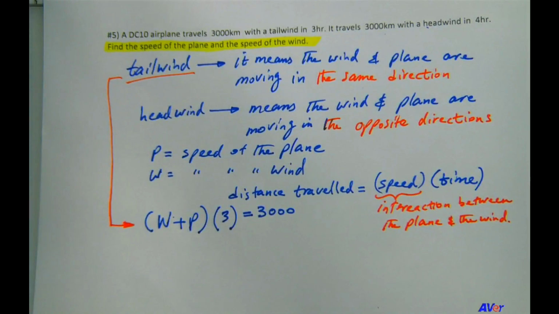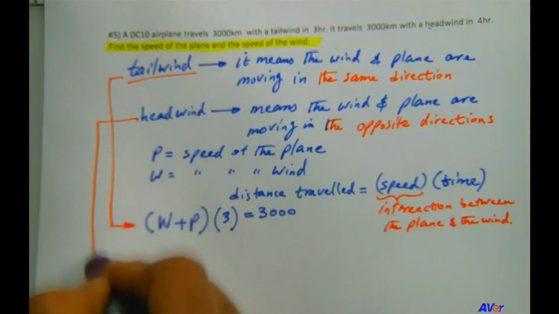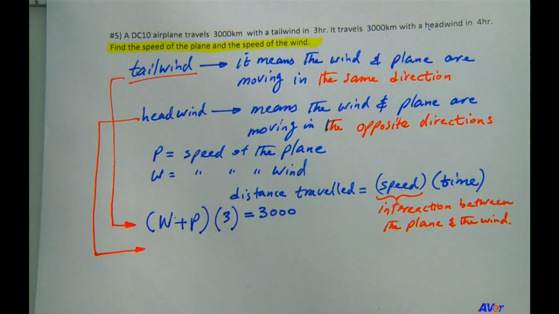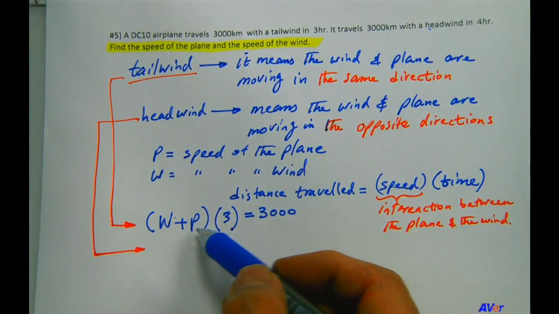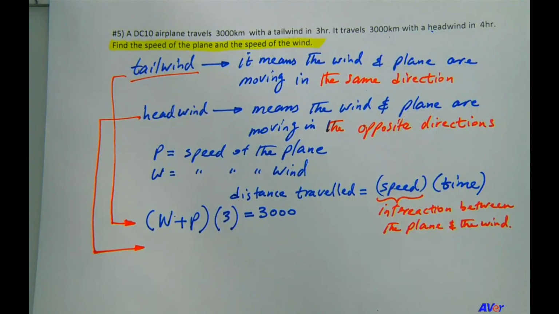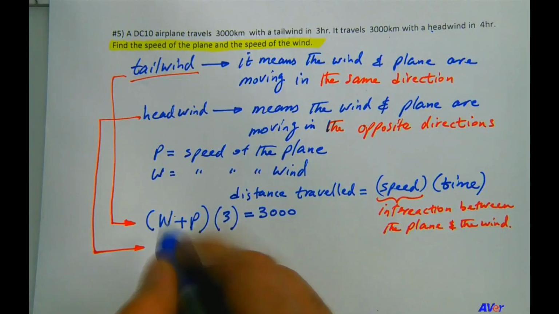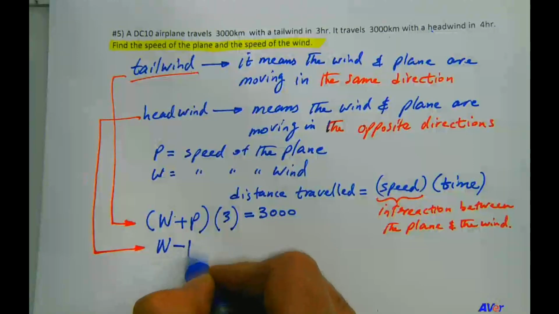With a headwind, the speeds of the wind and plane were working against each other. Okay, against each other. So if wind was blowing this way, the plane was going in the opposite direction.